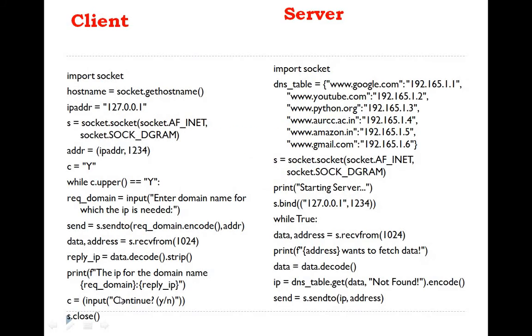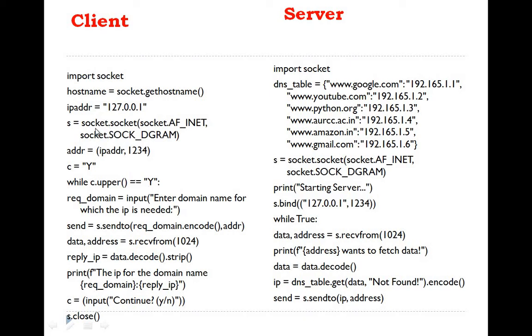Next is the program. I have implemented this domain name system in the Python language. First I'll explain the client program and the server program. On the client side, as usual, I import socket and then get the host name. Using this, I can get the host name of the server and store it in host name. I'm setting the IP address as 127.0.0.1 for this client system.